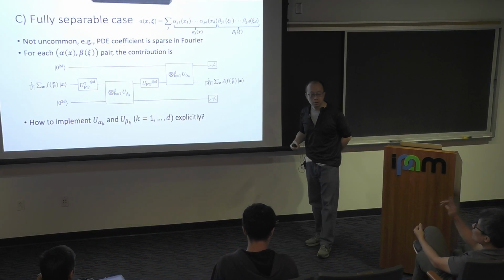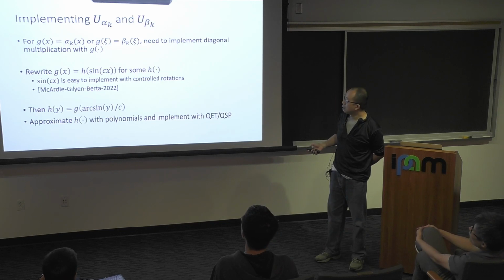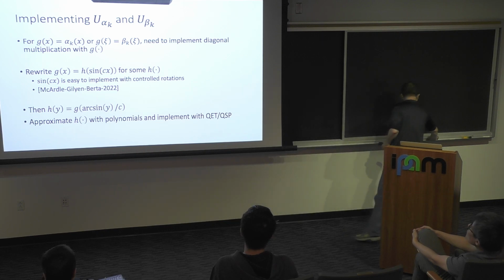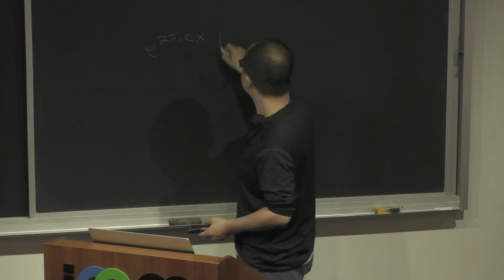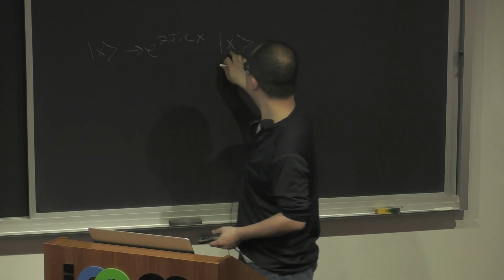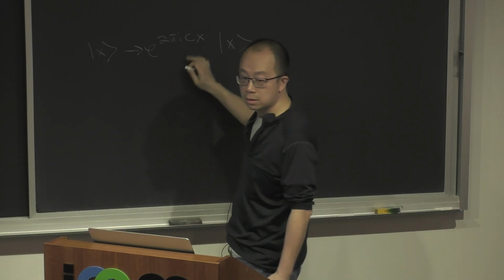Okay. So when you say sin x is easy to implement, what do you mean? Like a multiplicative operator? Yeah, what you want to do is implement e to the 2 pi i cx. So you take the x and you turn it into this. What you can do is the binary expansion of c times x.